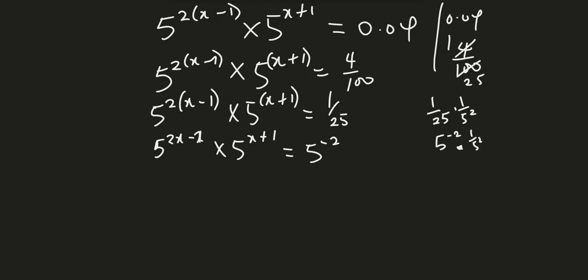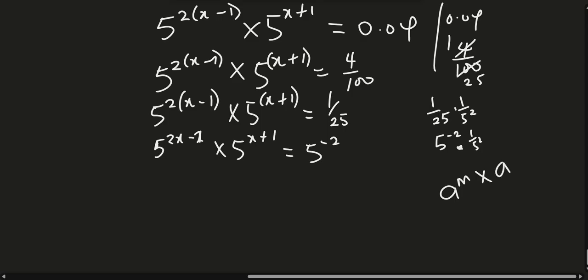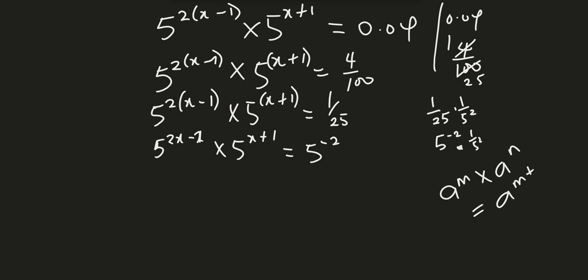So now we can collect like terms according to indices. We have like terms in the indical part, that is a raised to the power m times a raised to the power n can also be a raised to the power m plus n, because they are similar values here. And the same thing we have here, 5 and 5.